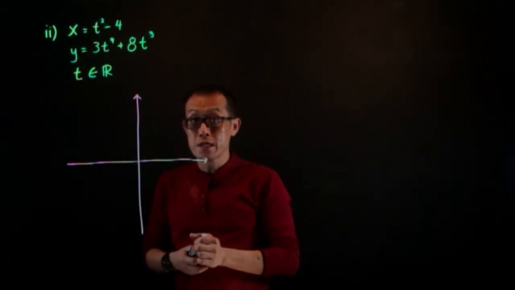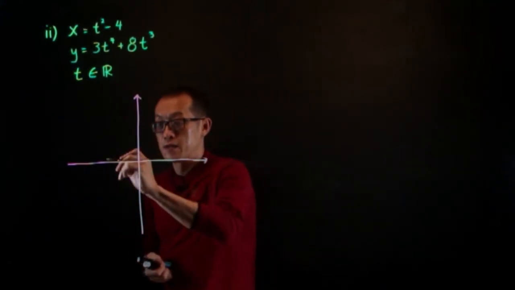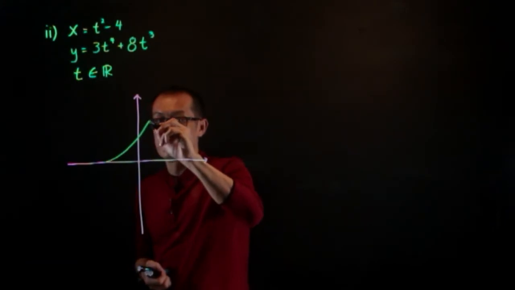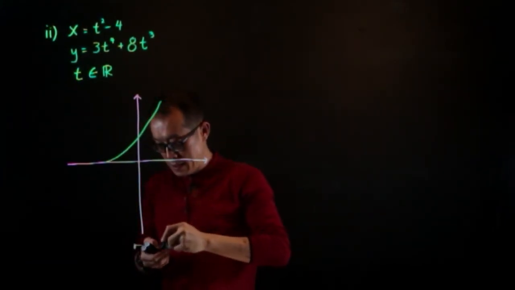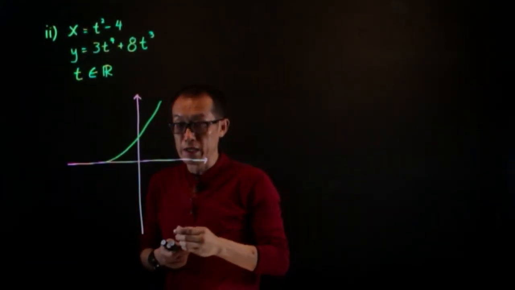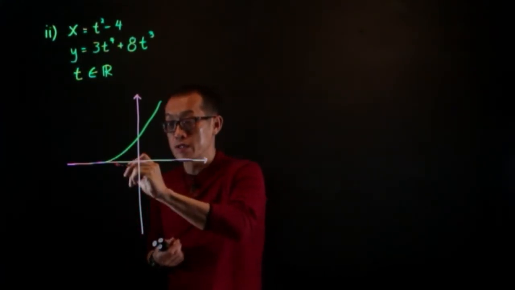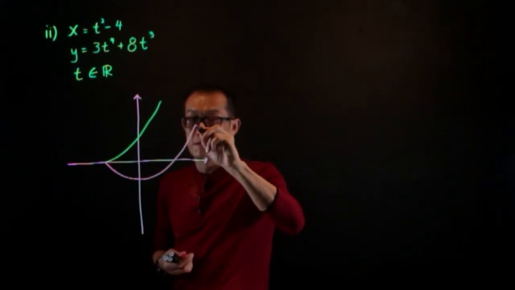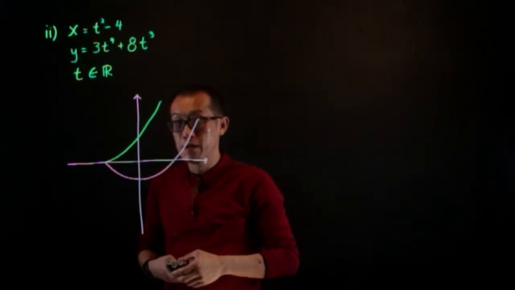Now you will notice that there's one graph that goes something like that, and then there's also another one, but it actually belongs to the same graph, that goes like that.